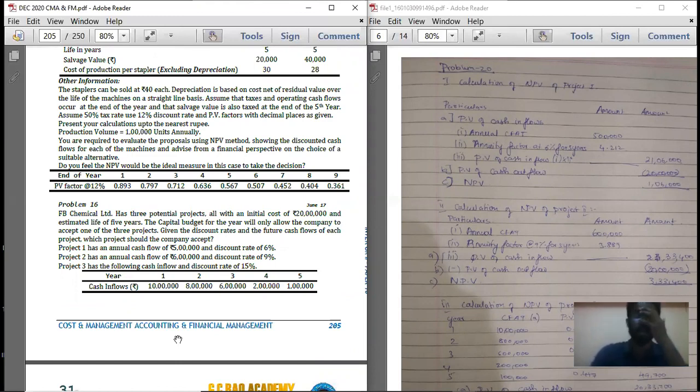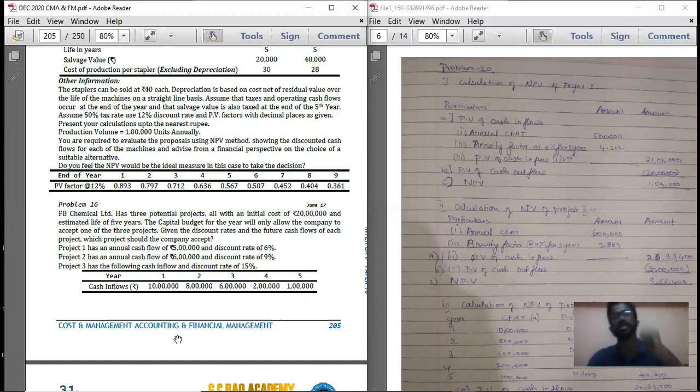Usually in offline classes, after every 2 or 3 problems there will be a 5 or 10 minute gap where you can understand what they have taught and what concept has been used. Whereas in online videos, we are continuously going through every problem and not wasting time. So pause the video, use the time to understand what has been solved in the previous problem, then start the video and watch the next problem. That is my suggestion.